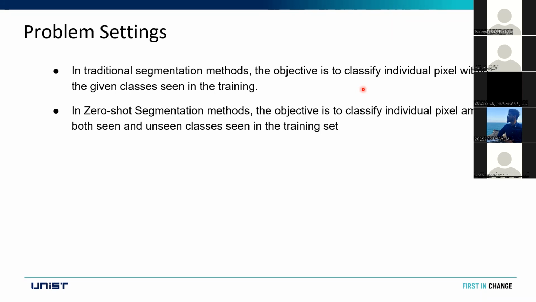But in zero-shot segmentation settings, there will be some classes which are not seen in training. Let's say we have three classes for our dataset: cat, dog, and human. There might not be human in the dataset in training, but the model is supposed to classify or segment humans in testing. So this is the problem setting for zero-shot learning: to classify the unseen data.